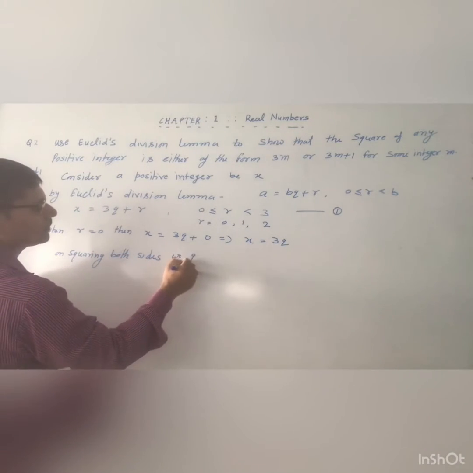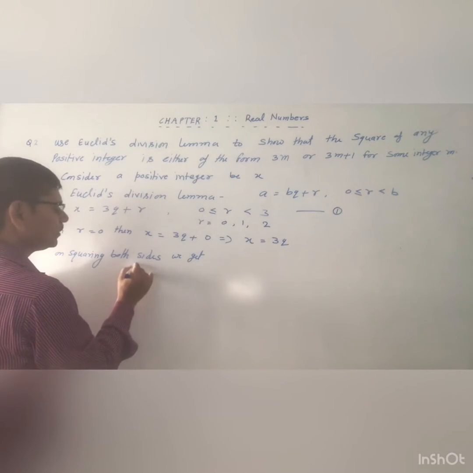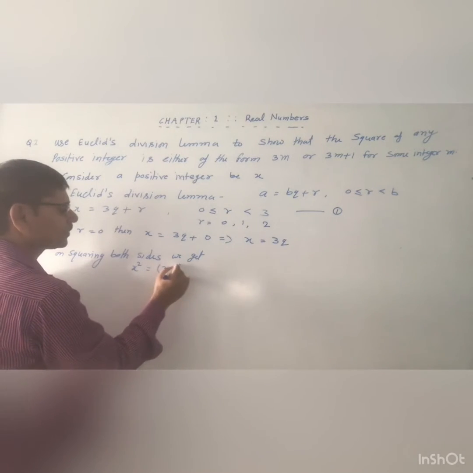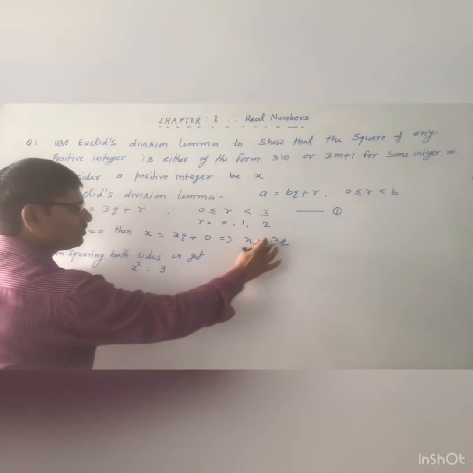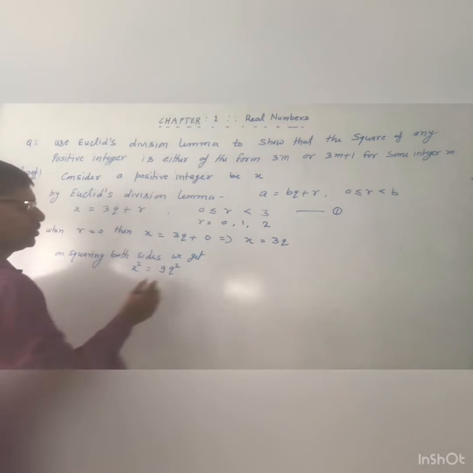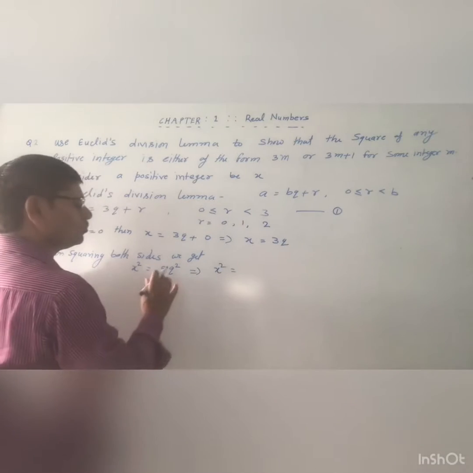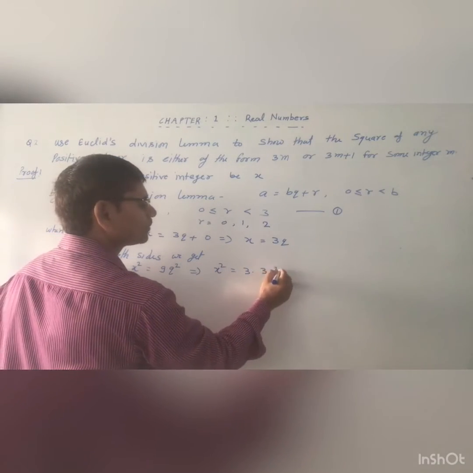we get x square equal to 3q whole square. And 3q whole square, what do you get? You will get 3 square means 9 and q square means q square. So this is written as x square equal to 3 into 3q square.